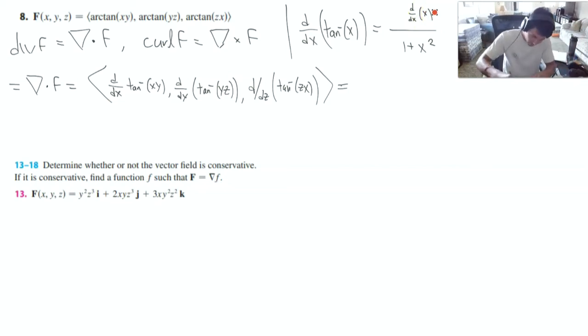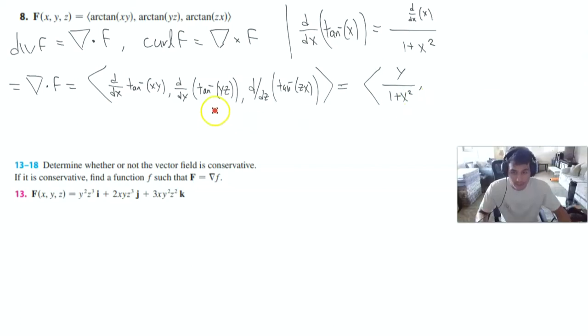So this will be y over 1 plus x squared. And since this next one is with respect to y, it'll be 1 plus y squared for the denominator.